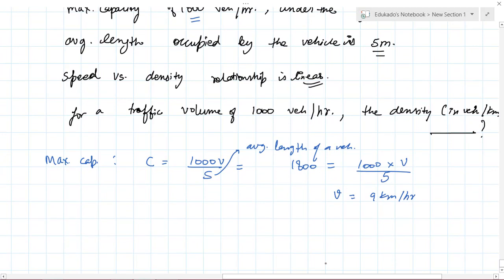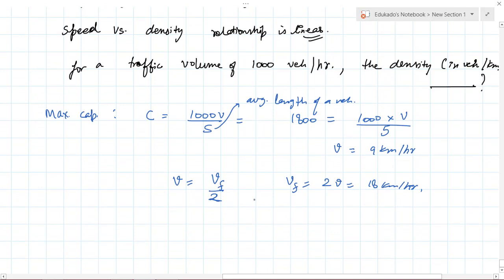And we know that this velocity is equal to V free divided by 2. So the free flow velocity Vf is 2 times V, that is 18 kilometers per hour. That makes sense.